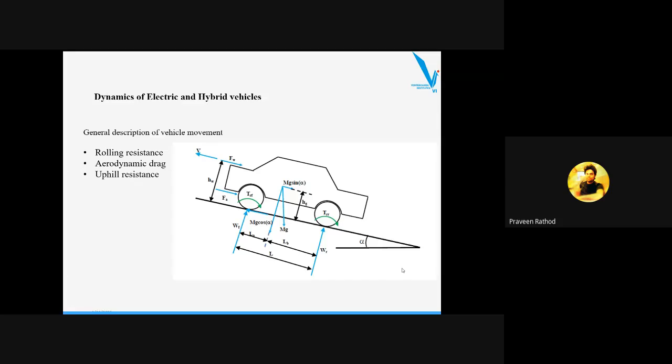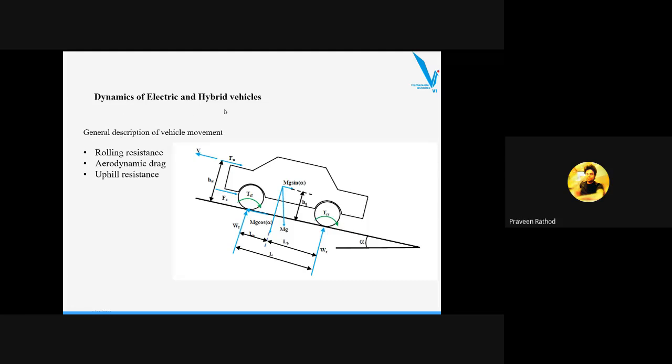If you consider an electric vehicle, the same kind of parameters we are going to see, and if you consider a hybrid electric vehicle, also the same. The fundamental vehicle design involves basic principles of physics, especially Newton's laws, to study the dynamics of electric and hybrid vehicles.